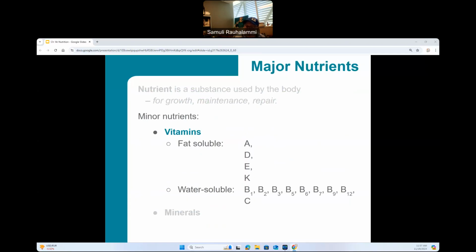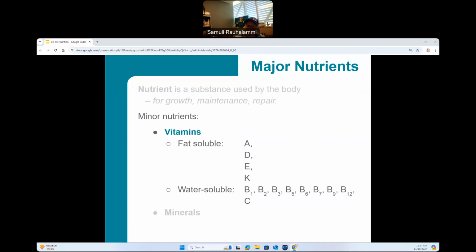Vitamin D has important roles in teeth, bone, calcium, phosphorus, heart, and nervous system. Vitamin E plays a role in cell membranes, protecting blood cells, tissues, and fatty acids. Vitamin K has an important role especially in blood clotting.